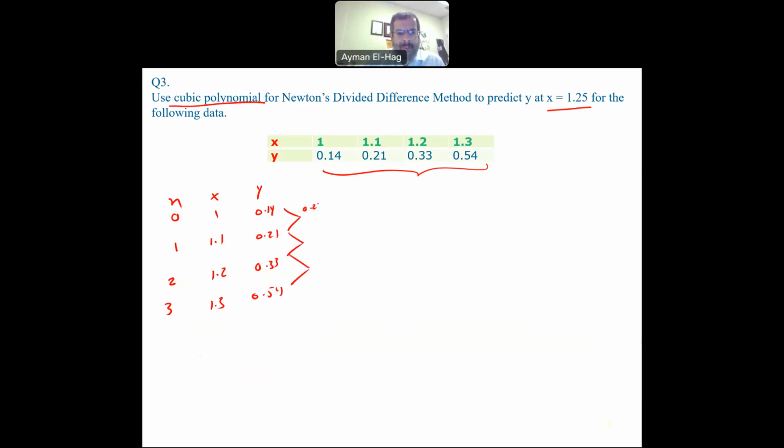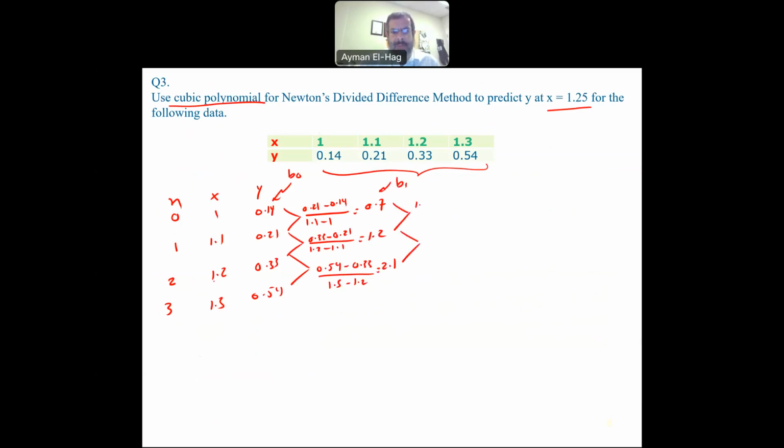So 0.21 minus 0.14 divided by 1.1 minus 1, and this will give me 0.7, then 0.33 minus 0.21 divided by 1.2 minus 1.1, and this will give me 1.2, and finally 0.54 minus 0.33 divided by 1.3 minus 1.2, and this will give me 2.1. Now this is your B0, this is your B1, so we need two more stages here.